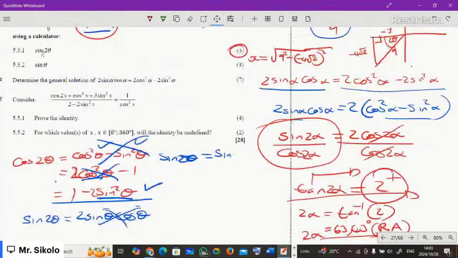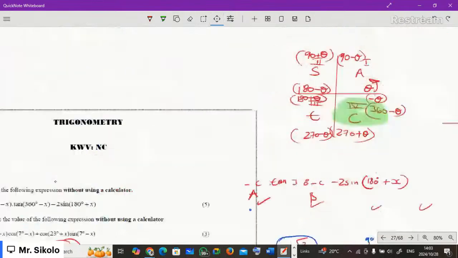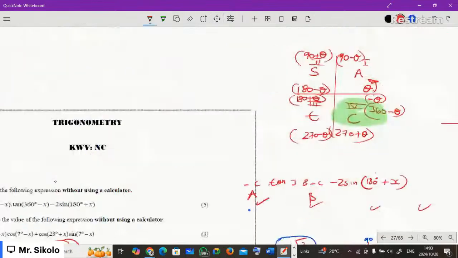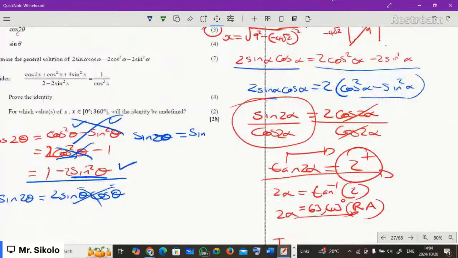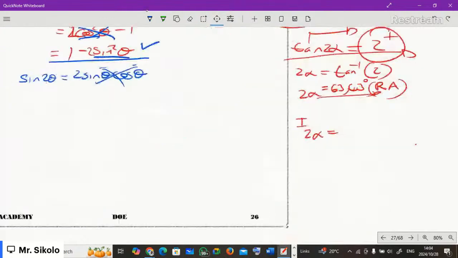To remember, you are using which reduction formulas? You are using the reduction formulas with the horizontal line for each general solution. You are not using 90, you use only these. So here it is theta with first quadrant, which is your reference angle.